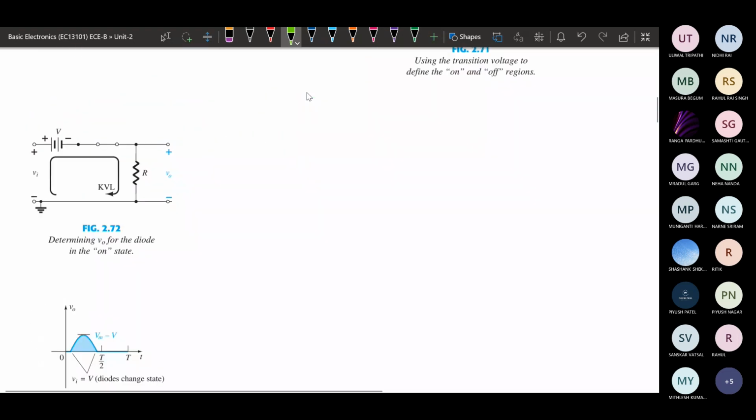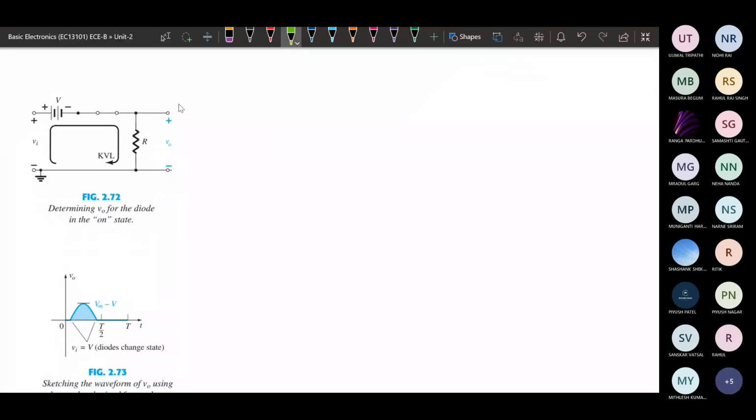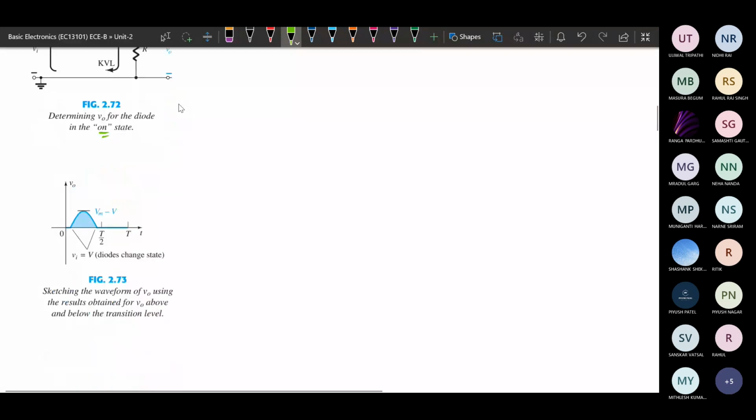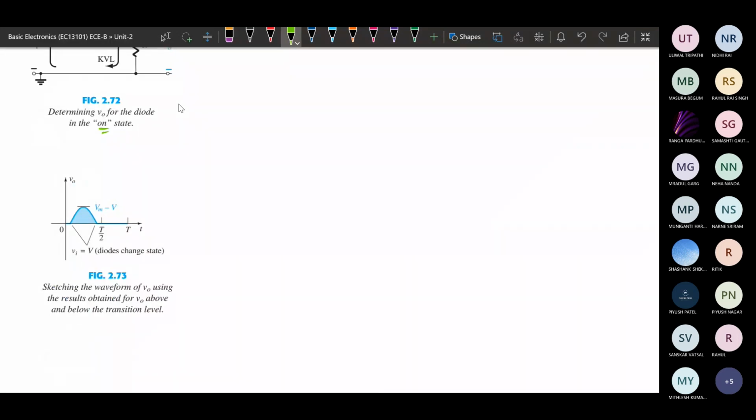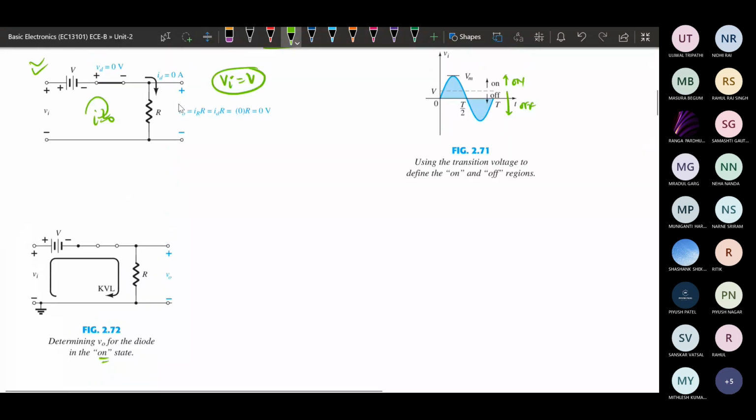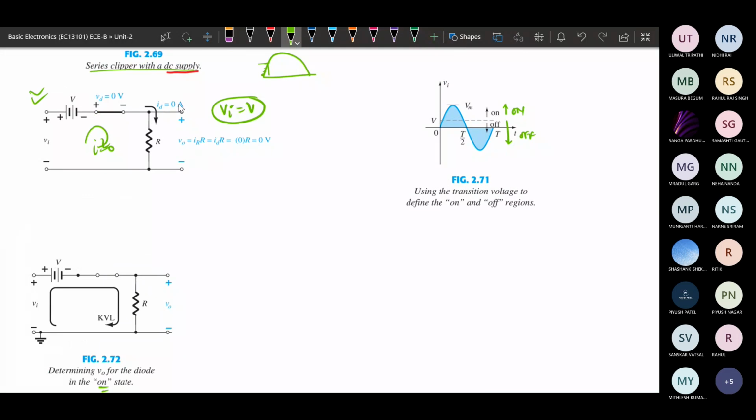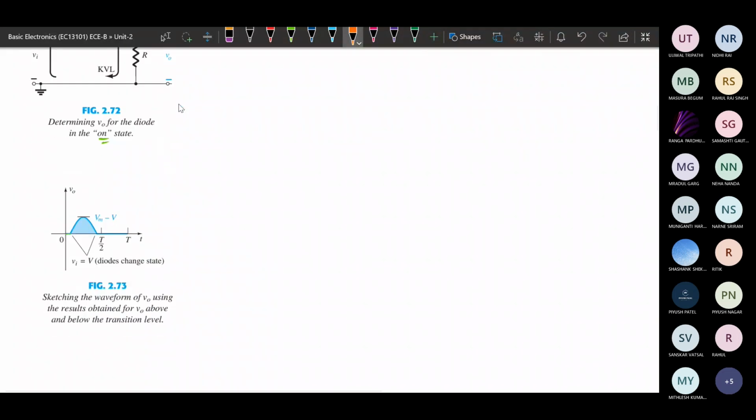So the output waveform, in the on state of the diode: for the time the diode is off, we get a zero output, and when it is on, only that portion appears at the output. But its DC value has reduced; it is shifted downward.